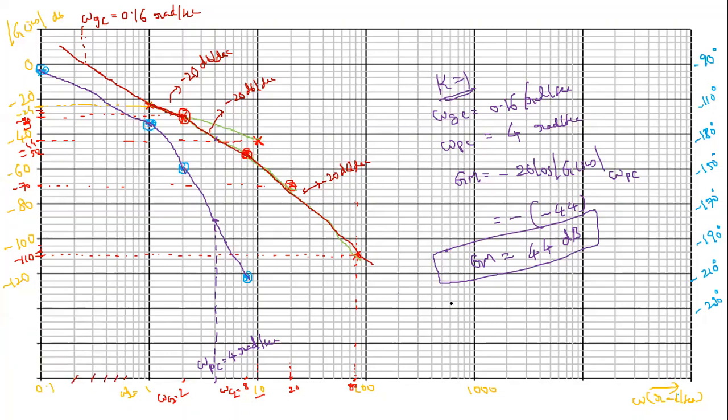Phase margin is equal to 180 degree plus phi GC. Phi GC is equal to phase angle at omega GC. See, at omega GC, that means at 0.16 radian per second, what is the phase angle? What is this angle?